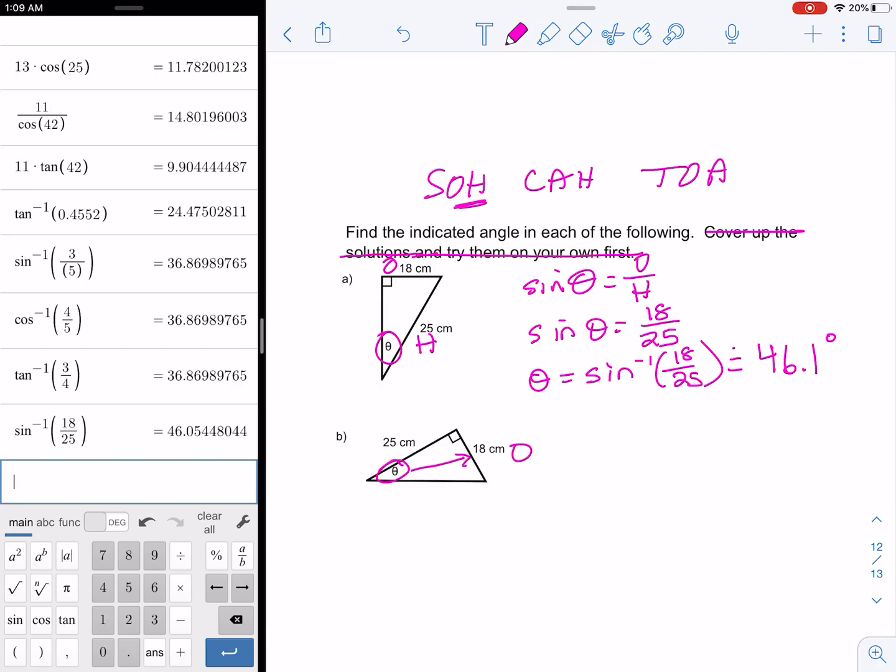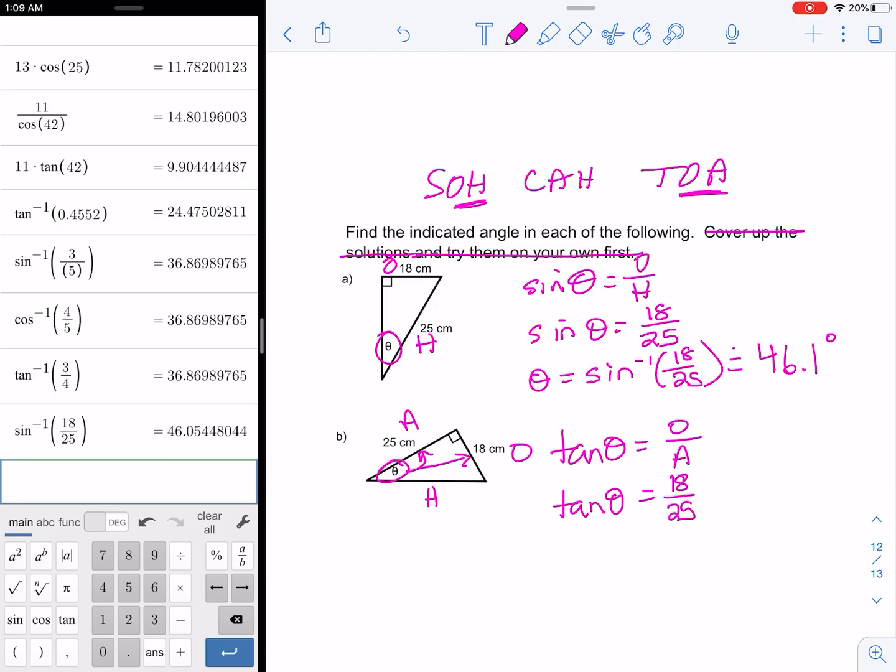For the second one, this is my reference angle. That side is the opposite. This side is the adjacent. Here's the hypotenuse. I don't know anything about the hypotenuse, so we're using opposite and adjacent. That is tan. So tan of theta equals opposite over adjacent. The length of the opposite is 18, the adjacent is 25.